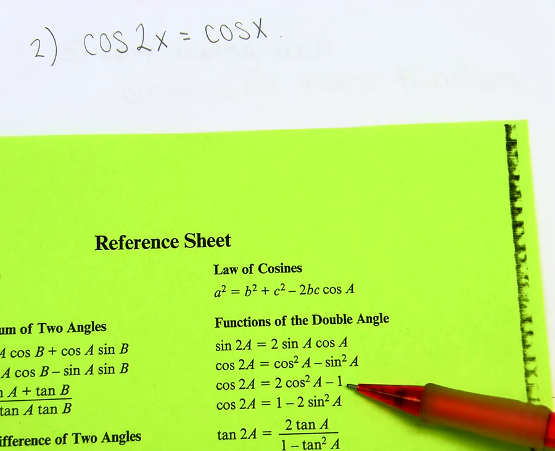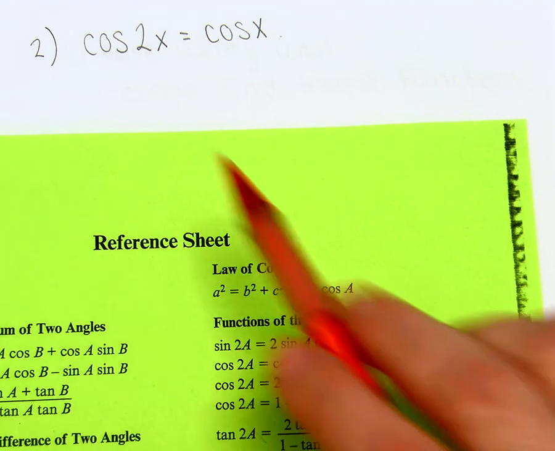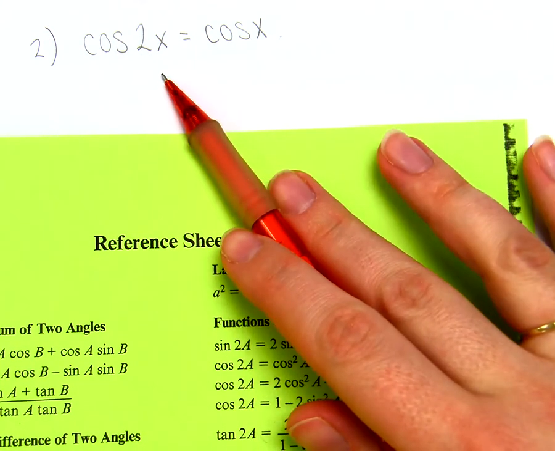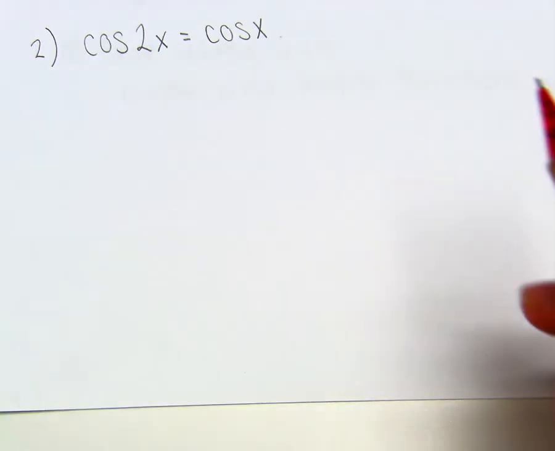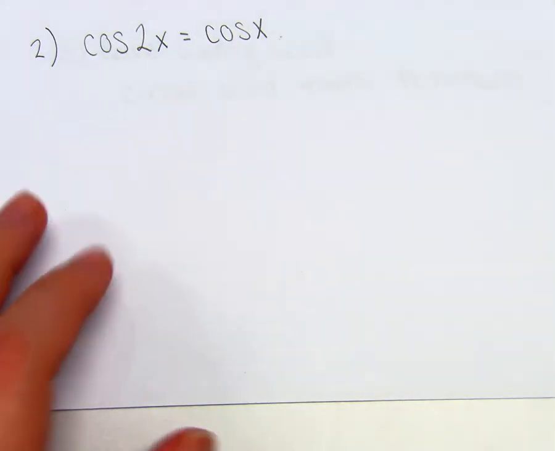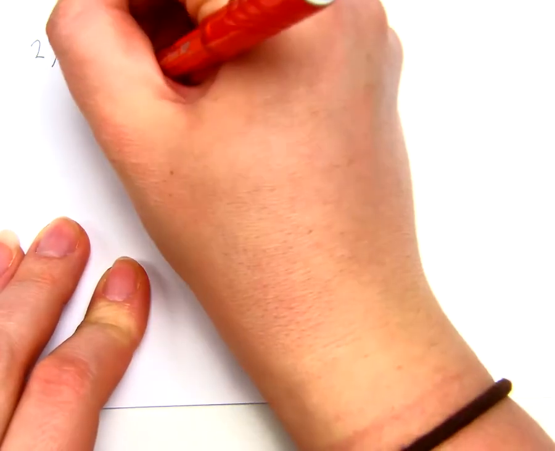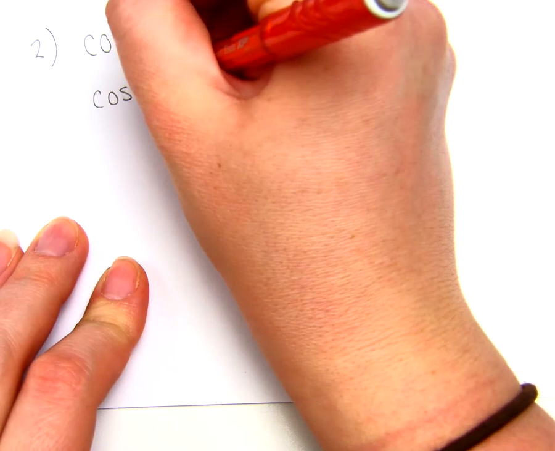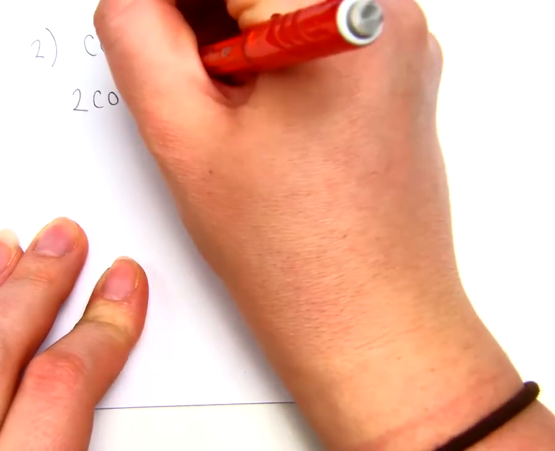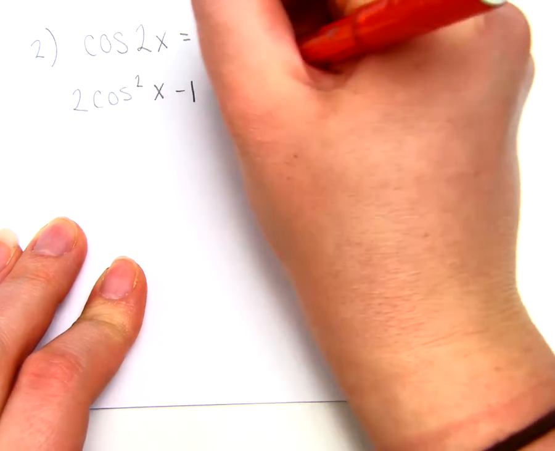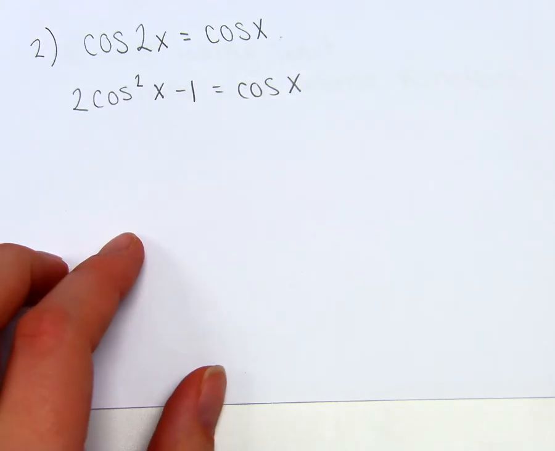So I'm going to substitute in 2 cosine squared a minus 1 into my cosine 2x. So 2 cosine squared x minus 1 equals cosine x.